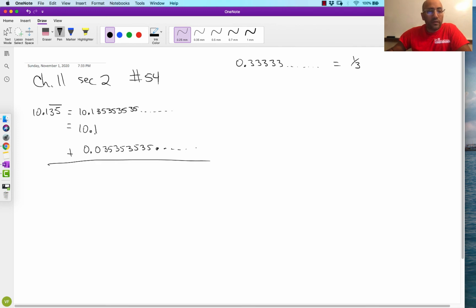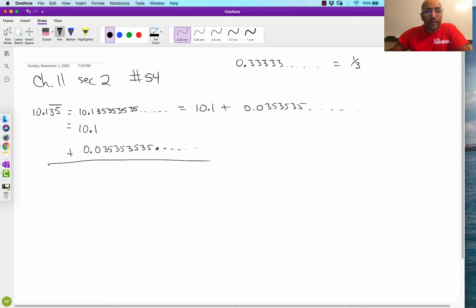So the summation of these two decimals is the same thing as if I had written it this way, 0.1 plus 0.0353535 forever.